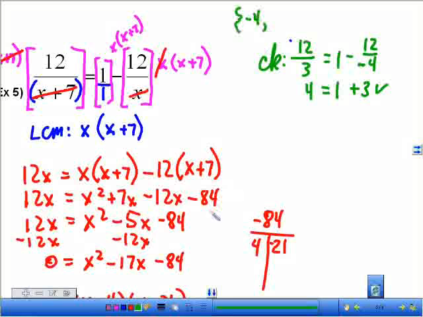Let's see if the 21 is one of our answers. I'm checking 21. 12 over 21 plus 7 is 28 equals 1 minus 12 over 21.